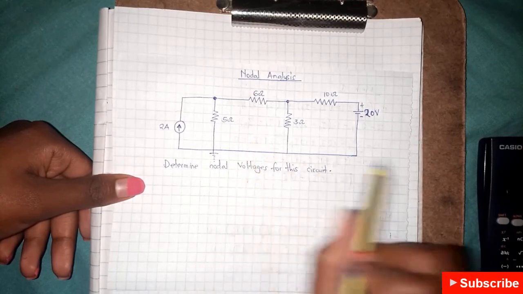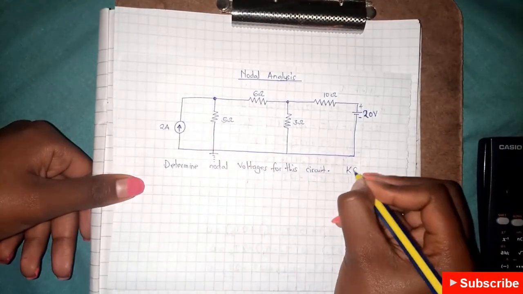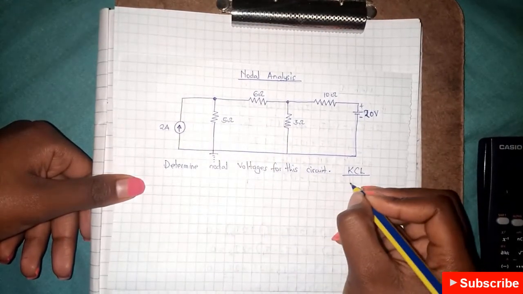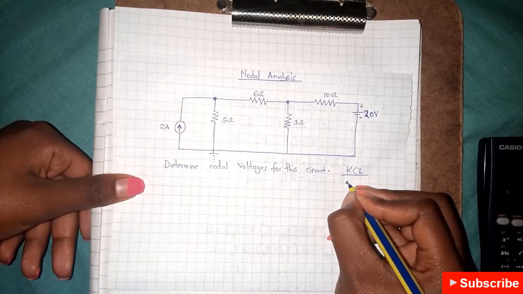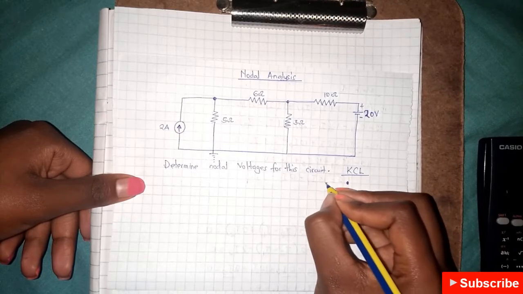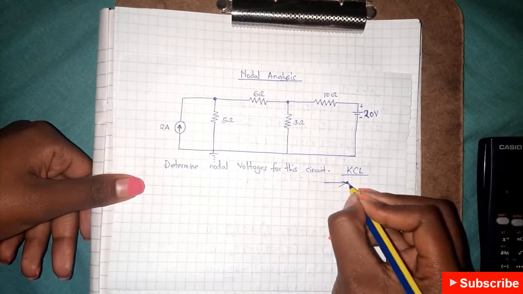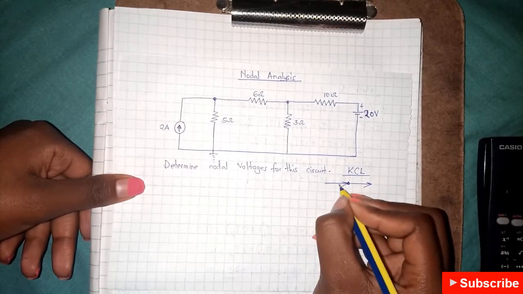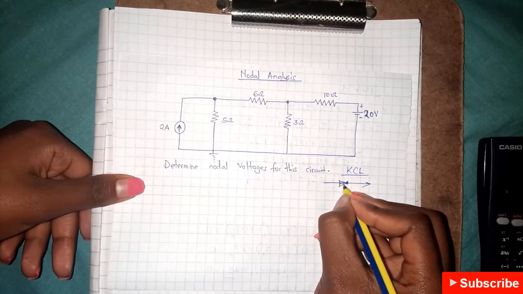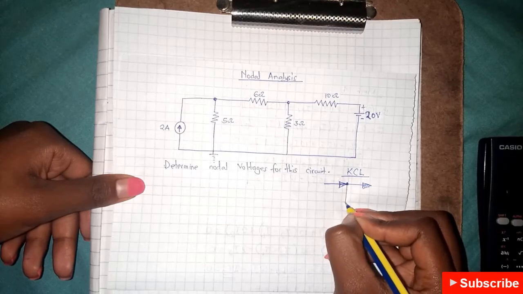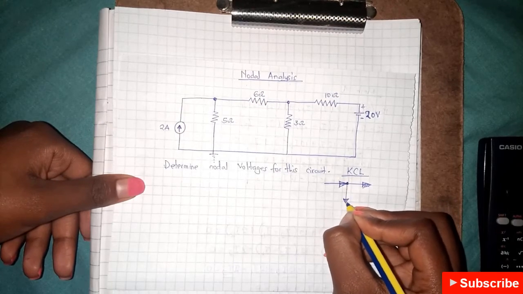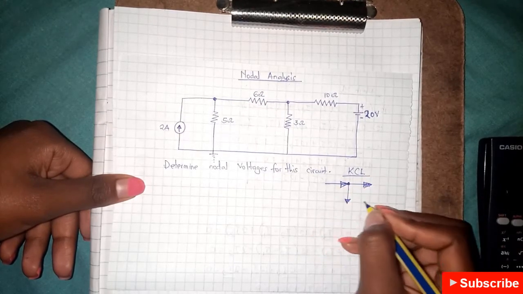Okay, so basically nodal analysis utilizes KCL, which states that the sum of currents at a node is equal to 0. So when you add the currents leaving and those entering, so these ones are entering this node and this one is leaving the node, and also let's say we have another one here leaving the node, the sum of these currents should be equal to 0.